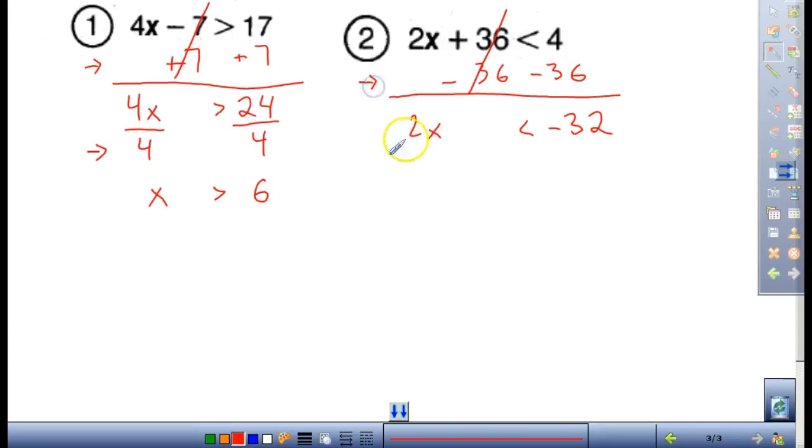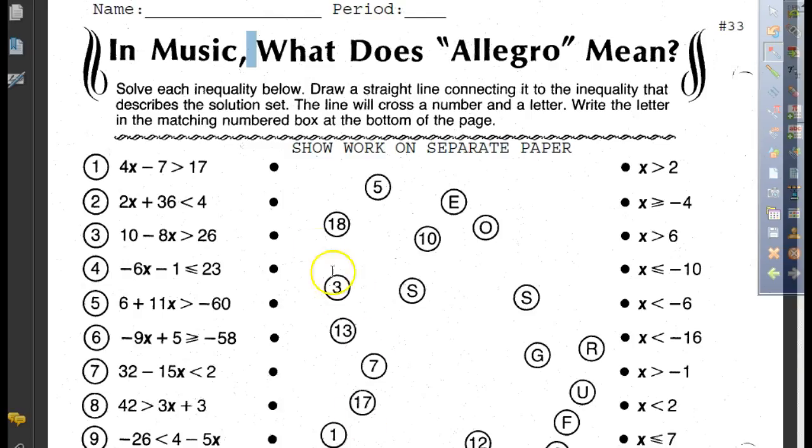So all these are called two-step equations because there's 2 steps of algebra. There's an adding, subtracting step, and then there's a multiplying. Actually, all of these are going to be a dividing step. There's no multiplying step on these. So we get x is less than negative 16. And then you find x is less than negative 16, which is right here.